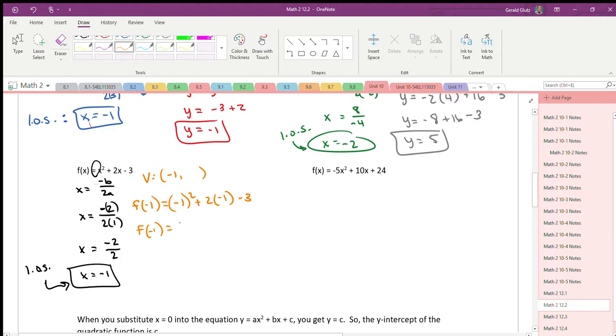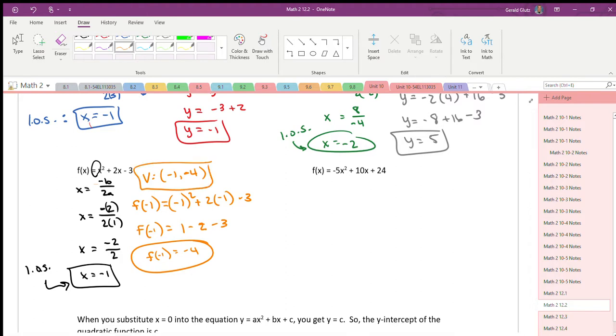So negative 1 squared is positive 1. 2 times negative 1 is negative 2. And minus 3. So 1 minus 2 is negative 1. Negative 1 minus 3 is negative 4. So our y value is negative 4. So our vertex would be negative 1, negative 4.